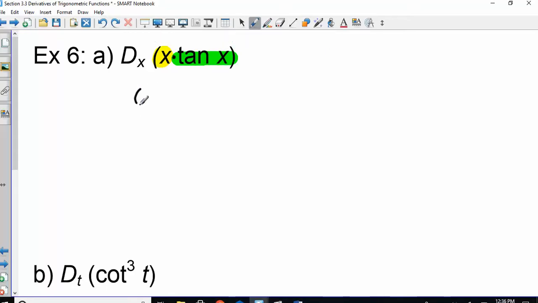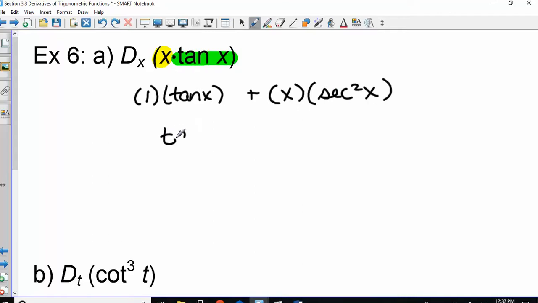So derivative of the first, derivative of x is 1 times the second plus the first times the derivative of the second. What is the derivative of tangent? Secant squared. Secant squared x. So we just get tangent x plus x secant squared x.